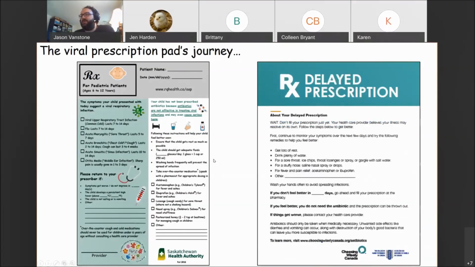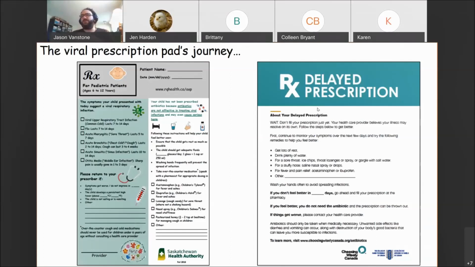Another thing I'll make a note of here too is the delayed prescription. So if you have a patient who is maybe quite adamant that they need a prescription, or you're not 100% sure whether this is something viral or bacterial in nature, or you have a patient where it's simply like, come back in 3 days, we'll check you again and see if this has progressed, if we need to start an antibiotic, and then maybe they can't come back to the clinic.